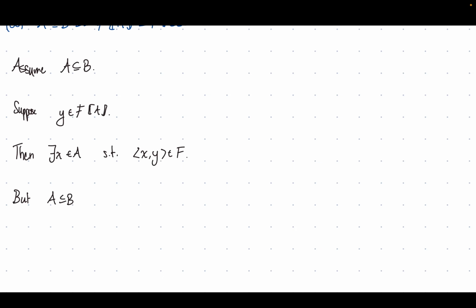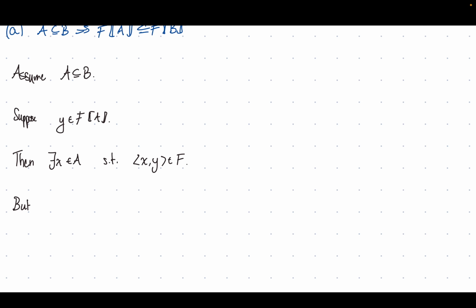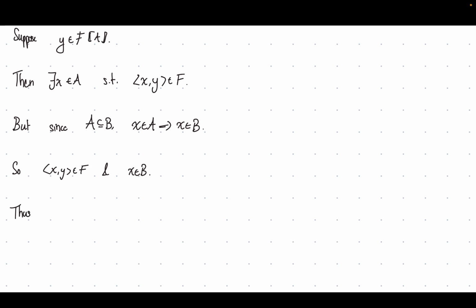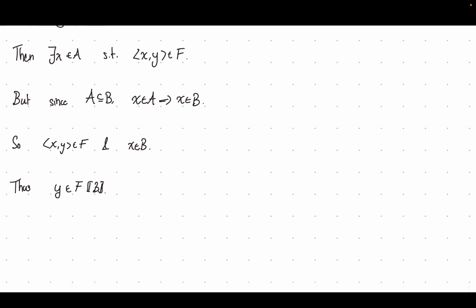But since A is a subset of B, then X being in A implies that X is in B. So X comma Y is in F, and we also know that X is in B. Thus, Y must be in the image of F under B, right?